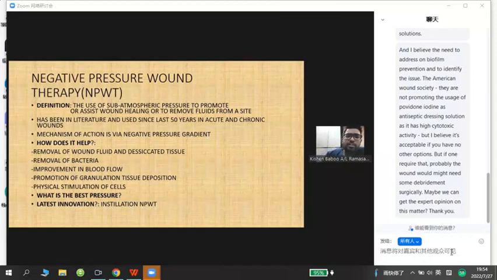What the machine does is it instills the fluid that you're using into the wound for a given time, meaning that you can set the machine up where the fluid is instilled into the wound for maybe 10 minutes, 5 minutes.